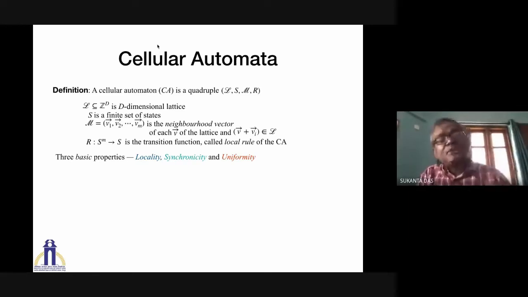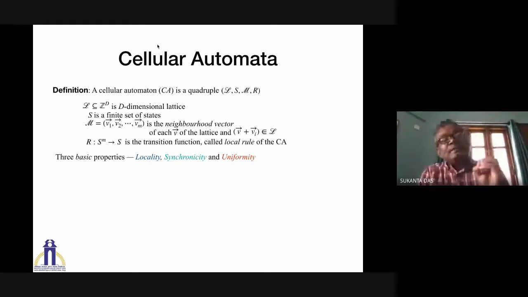And what is the meaning of synchronicity? Synchronicity means all the cells performing the local computation are updated simultaneously. This is a synchronous system. And then what is the meaning of uniformity? All the cells use the same local rule.